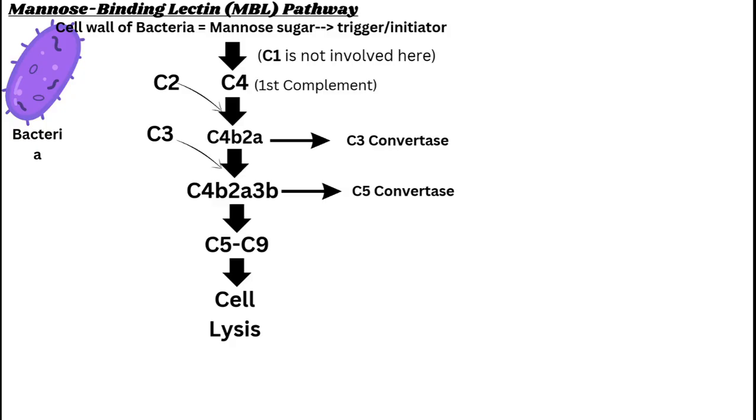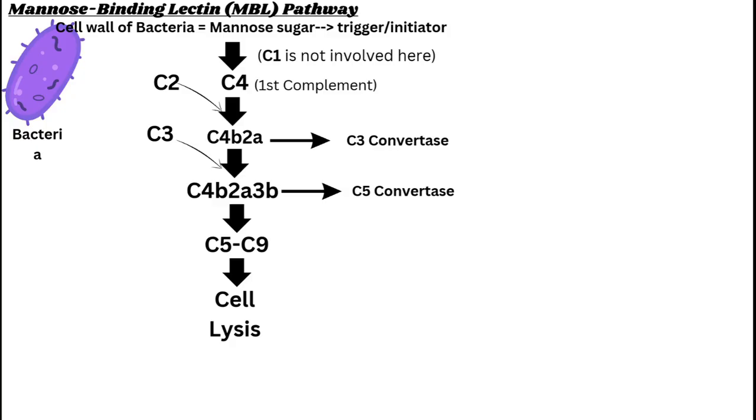Now C4 will cleave C2 and convert it into C2A and C2B, but we'll consider the C2A. So the next complement will be C4B2A, which will be the C3 convertase, because in the next step it will convert C3 into C3A and C3B.